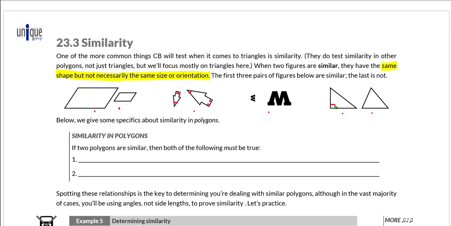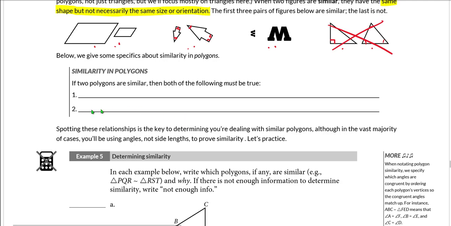This triangle on the left, in fact, looks like it is a right triangle. That looks like a right angle there. There are no angles in this triangle on the right that appear to be right angles. So these two triangles over here are not similar. But again, the three pairs of shapes on the left here, one pair, two pair, three pair, those are similar shapes.